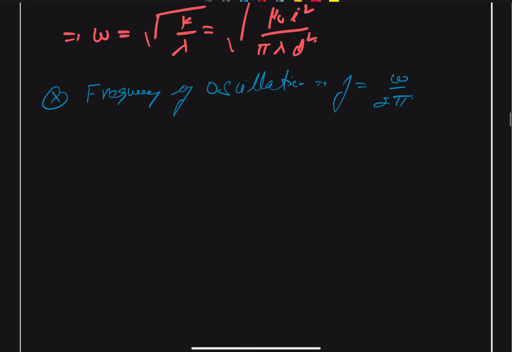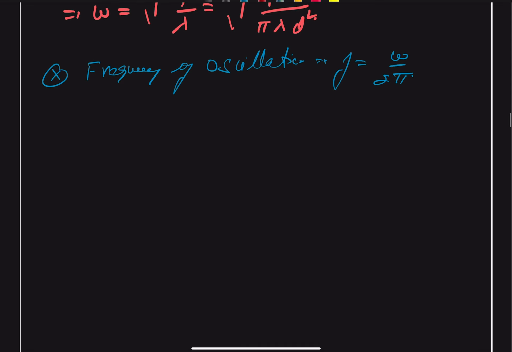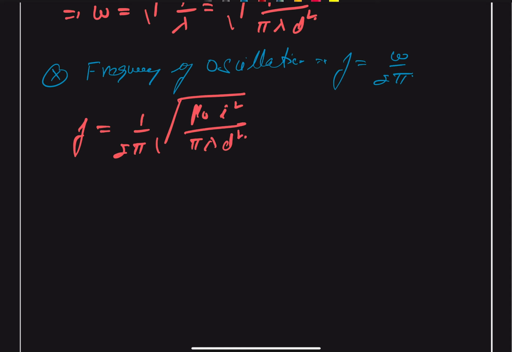We substitute the value of omega, we get f is equal to 1 upon 2 pi square root of mu naught I square divided by pi lambda d square. We can write this as I upon 2 pi d times square root of mu naught upon pi lambda. So this is the frequency of oscillations.